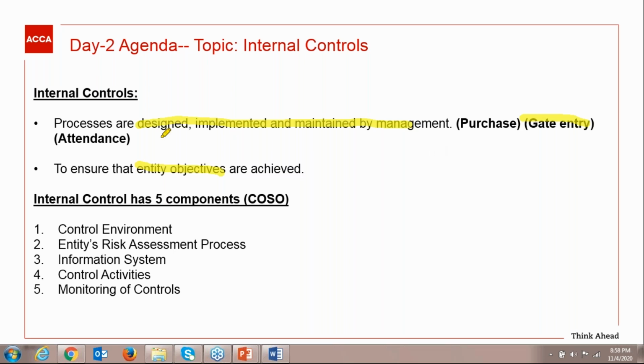Now, in my office, where I'm working as group head of audit and compliance, there is an internal control. Whenever an employee comes into the organization, he or she should scan their face, and afterwards he or she can go to their personal office.